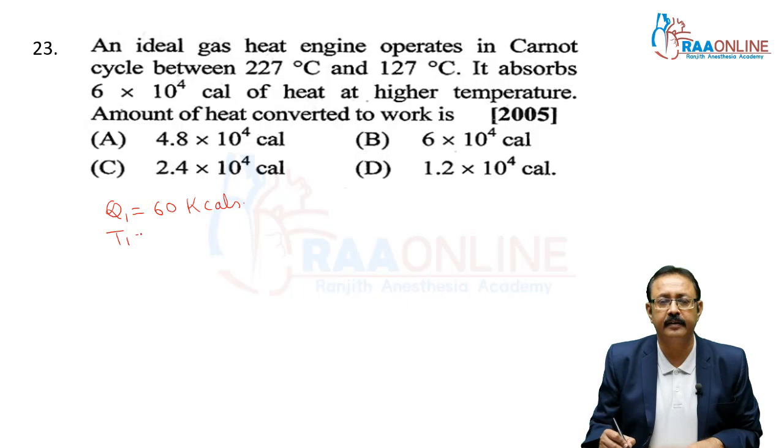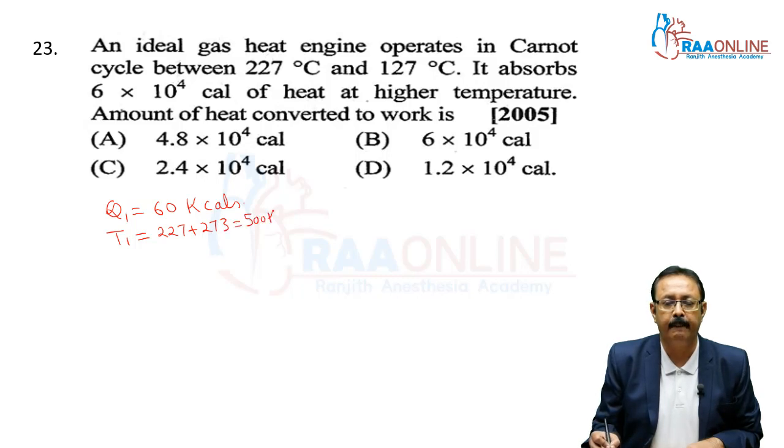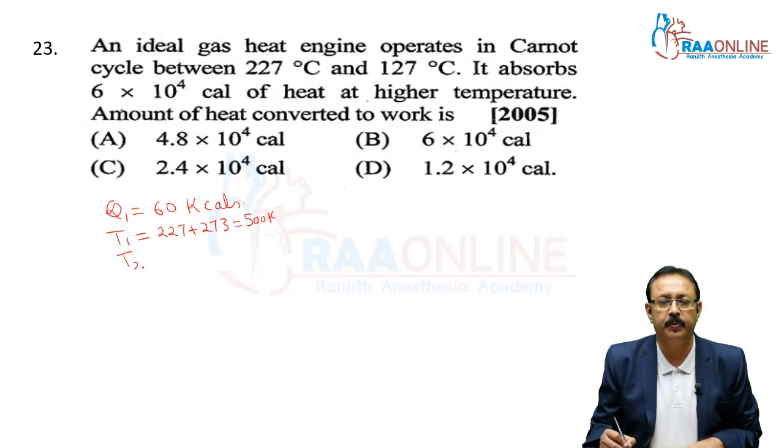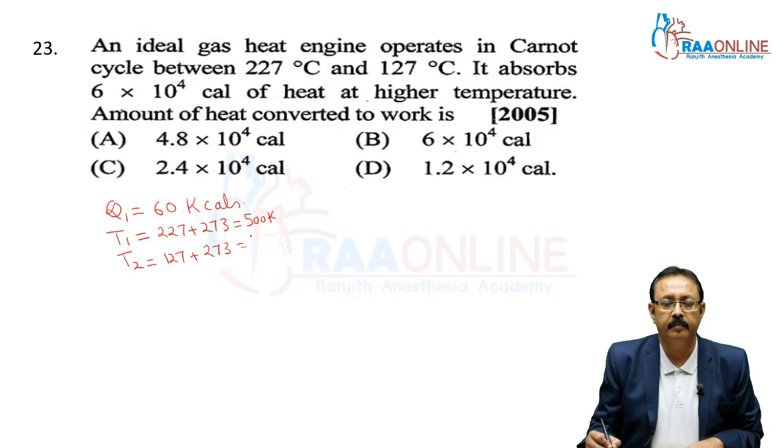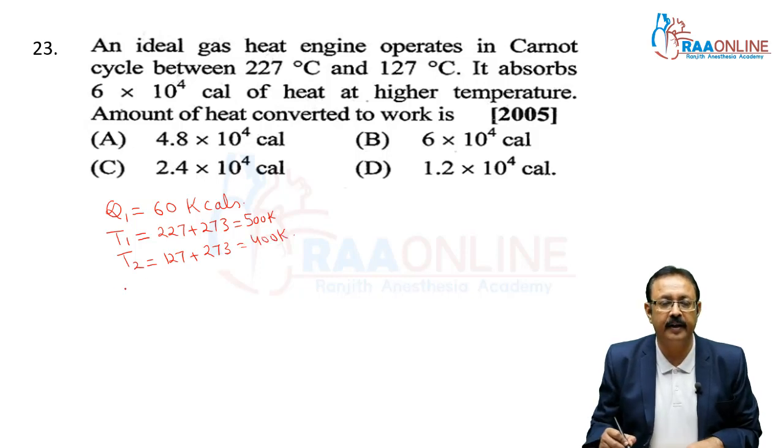T1, 227 degree centigrade, means again it is 500 Kelvin. T2, 127 degree Celsius, means 400 Kelvin. So what are we getting?